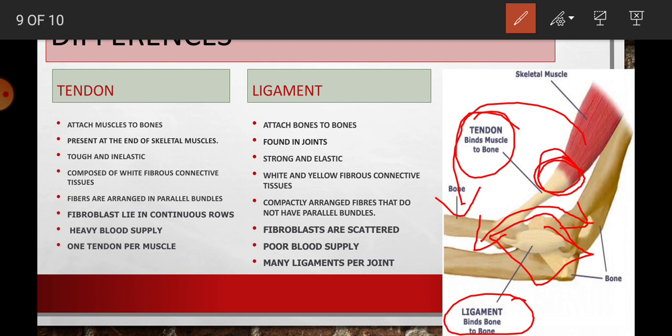And tendons are made up of only white fibrous connective tissue, but ligaments have white and yellow. Most of the connective tissue is yellow. And inside the tendon, fibers are arranged in parallel bundles, but inside the ligament, they are not parallel, they are just scattered.